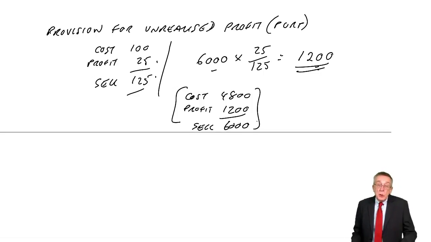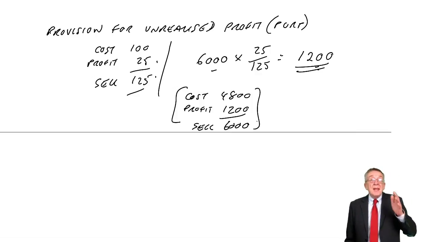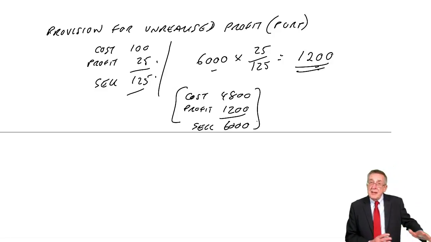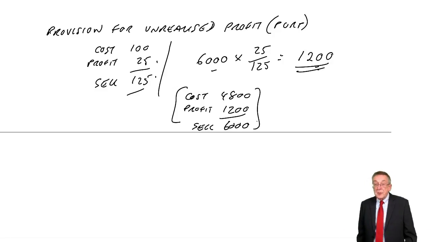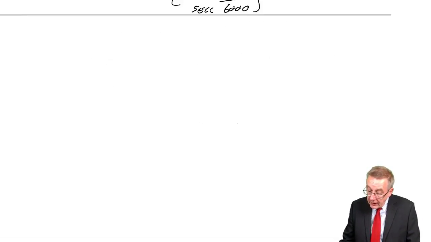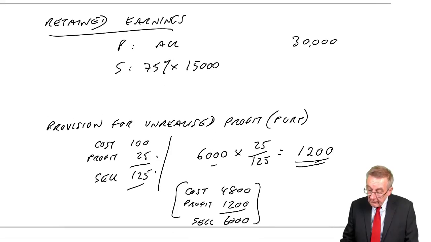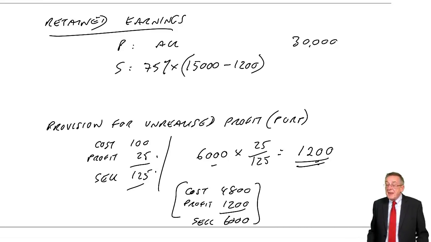Well, S will have included that profit in their retained earnings in their own statement. But because these goods are still in P's inventory and haven't been sold outside, the group can't record this profit. We need to take the 1,200 out of S's retained earnings, because it's S who'd sold the goods, it's S who'd taken the profit.